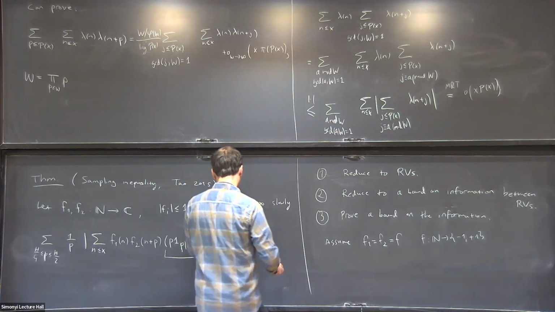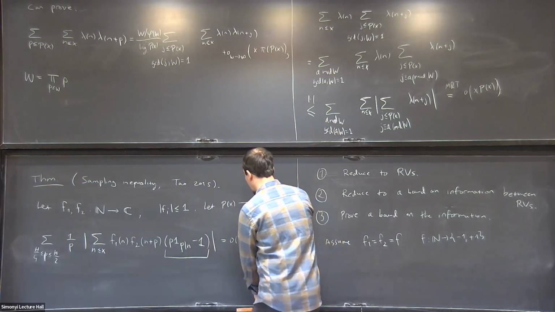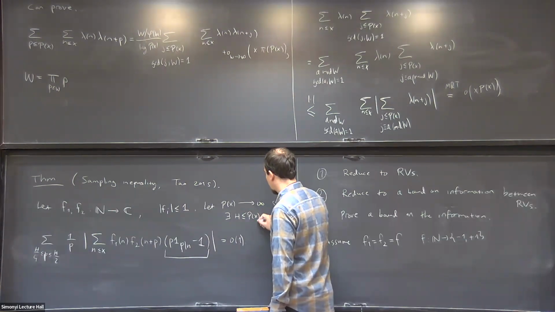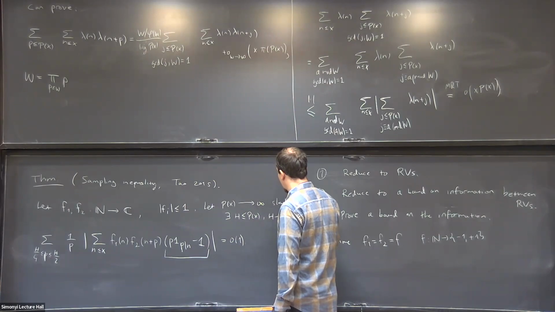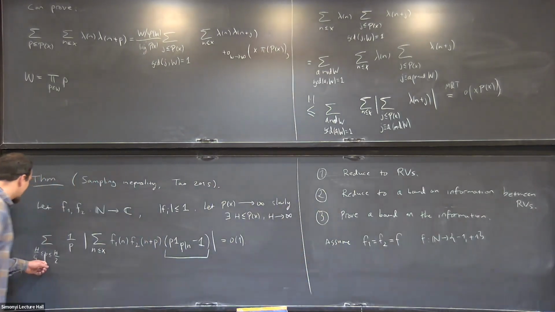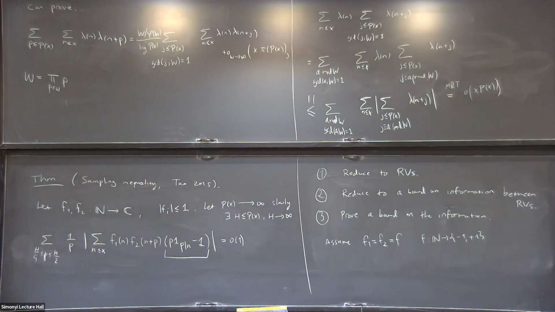So if p of x tends to infinity slowly, then there exists h less than p of x, h also tends to infinity, such that if you take the dyadic sum around h, that one is small. The original claim was saying that this holds for almost all scales h.